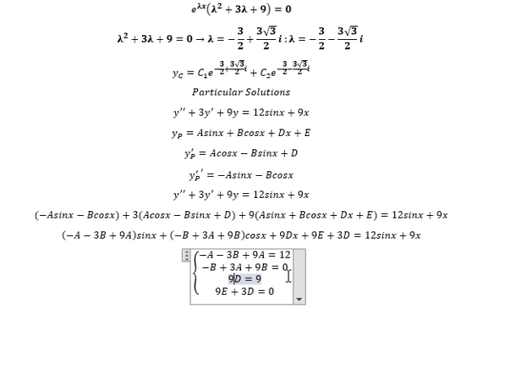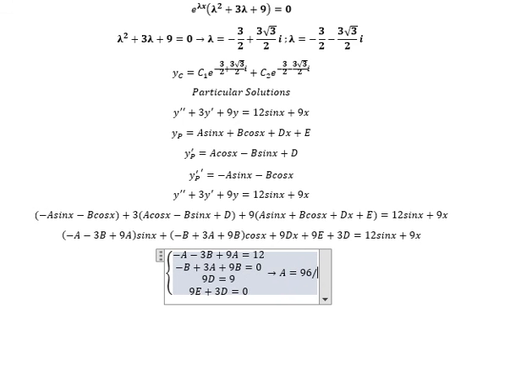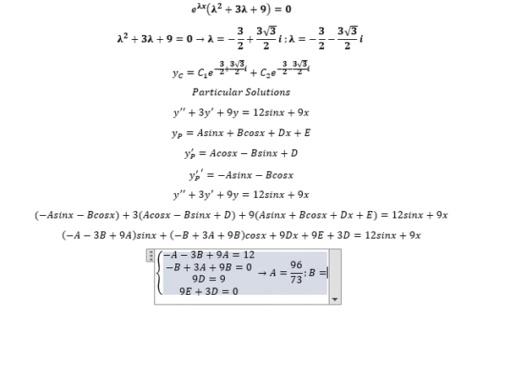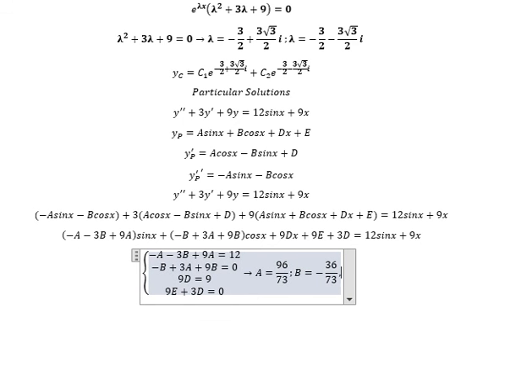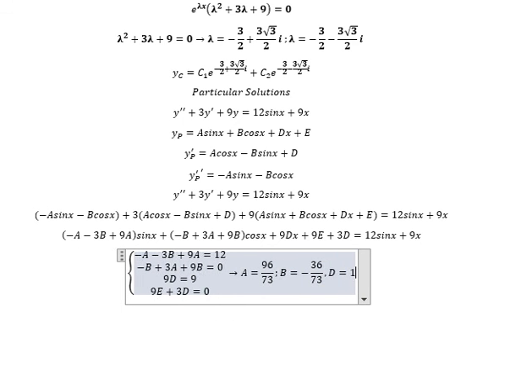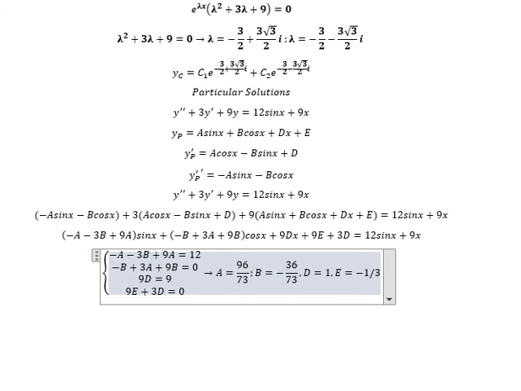And now we can find the solution of A, B, D, E. A is 96 over 73. B is negative 36 over 73. D is number 1. E is negative 1 over 3.